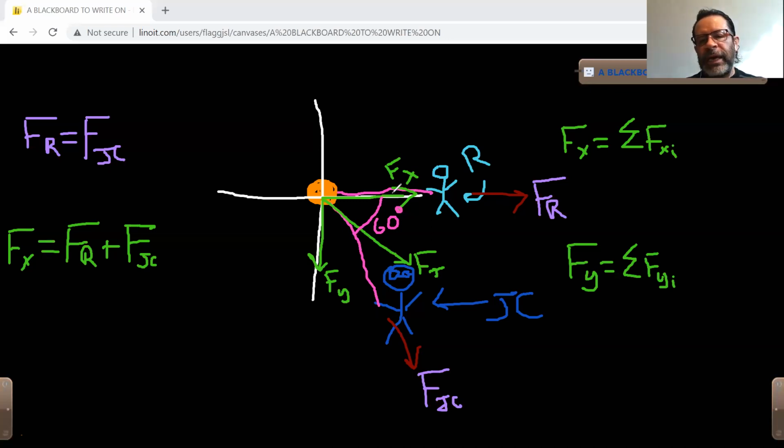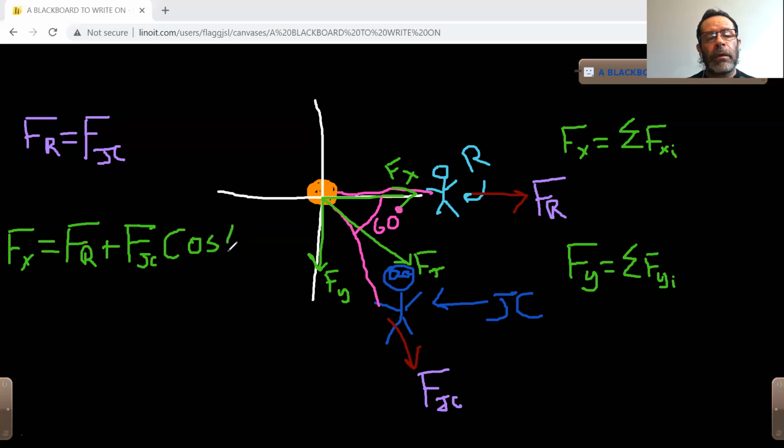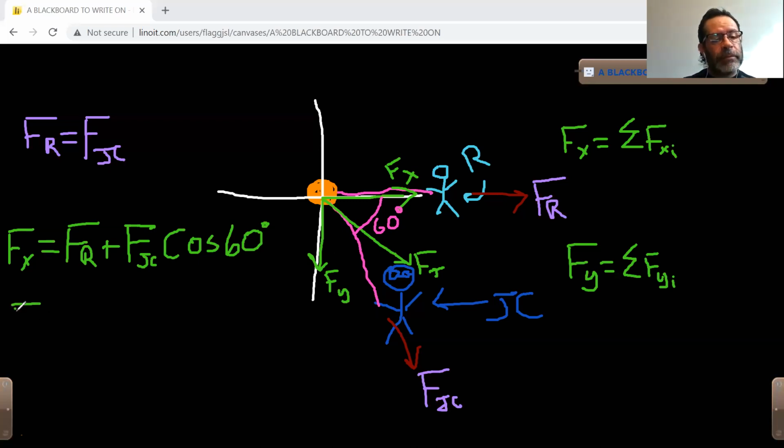But right now I'm measuring the angle with regards to x, and so it's going to be JC's force times the cosine of 60. Cosine of 60, correct. That's how you get the x force of JC's pulling. Yes, correct. And the total force in x is going to be your force, René, plus the x component of JC's force. Okay. Now let's talk about the y component.